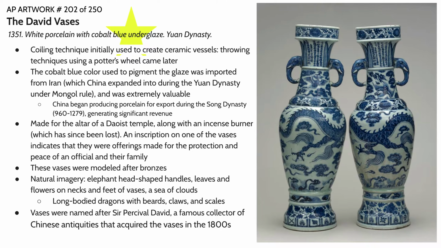At this point, the Yuan dynasty, the Chinese dynasty primarily under Mongol rule, had pretty firmly established the Silk Road, a consistent connection between the East and West that permitted the transmission of ideas and materials across vast distances. So it was very possible for people in China to get materials from as far west as Iran, or even further west than that.